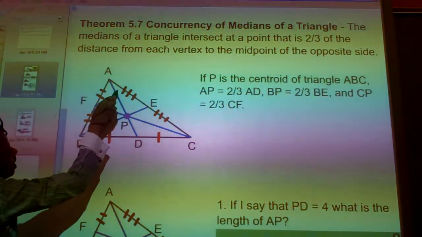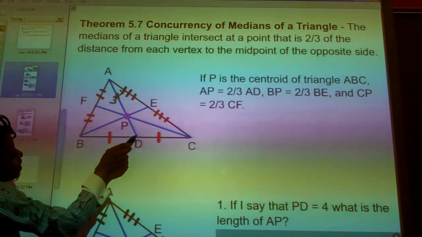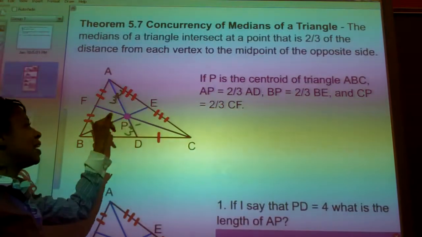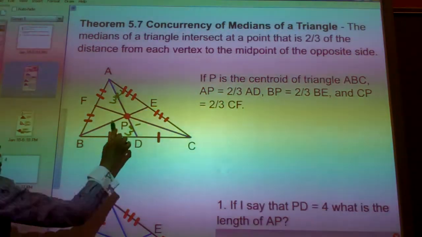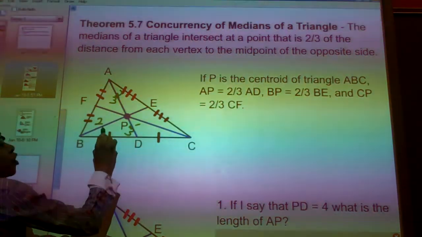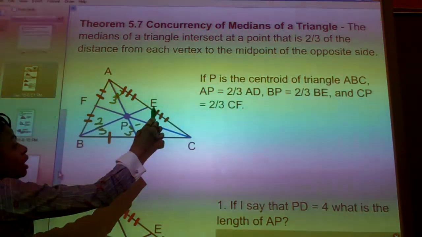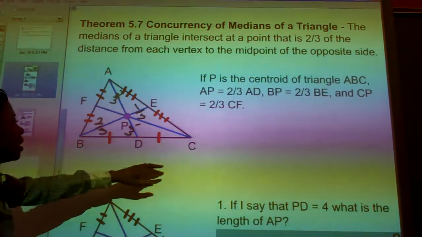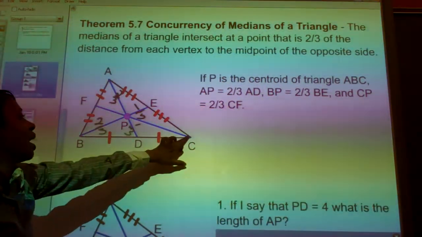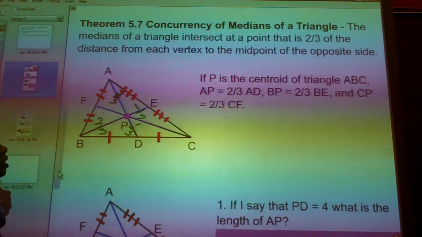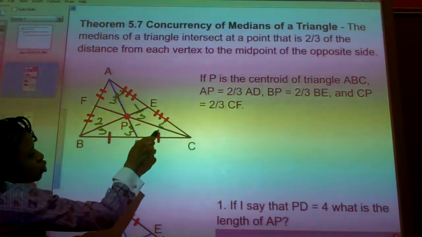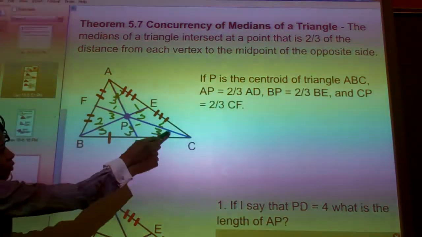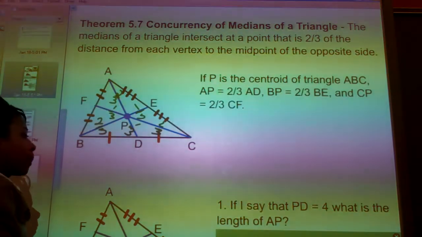That means AP is 2/3 and PD is 1/3 to make the full line. Same thing with BE. BP is 2/3 of the line, and EP is 1/3 of the line. And finally, when I look at segment CF, CP is 2/3 and FP is 1/3 to make a full 3/3, or 1 whole.